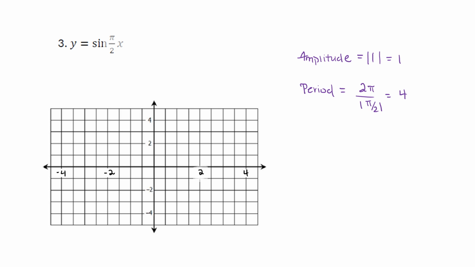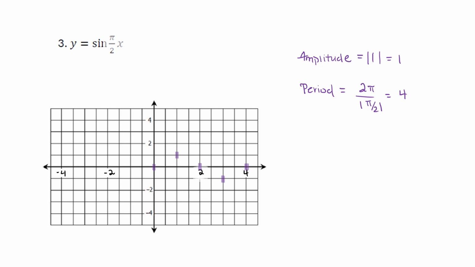All right, so now let's plot our points. So we know one complete cycle of the sine graph will happen within 4 units, not 2 units. All right, so we will start at 0, and then we will go to 1, because our amplitude is 1 at pi over 2, then 0, then -1, and 0.